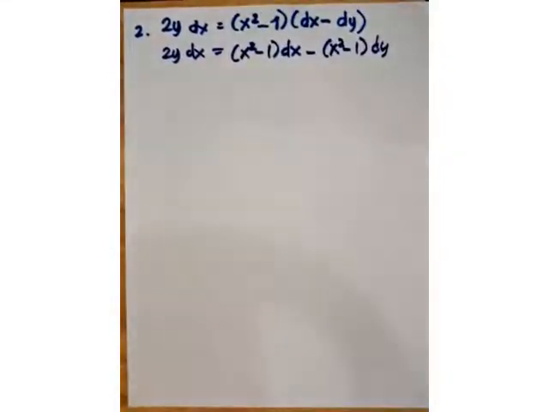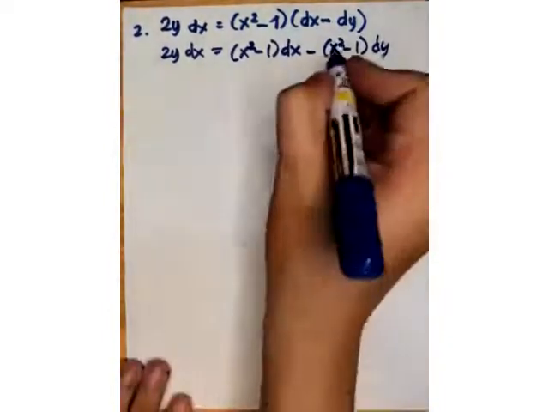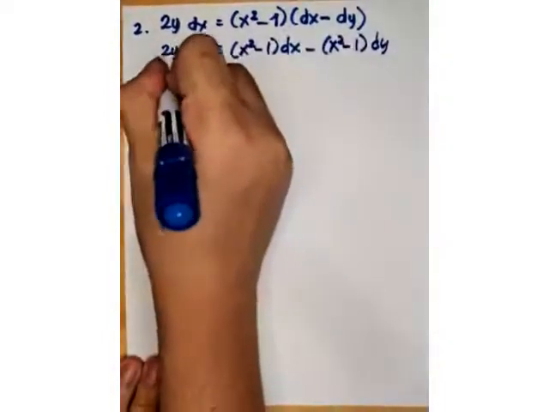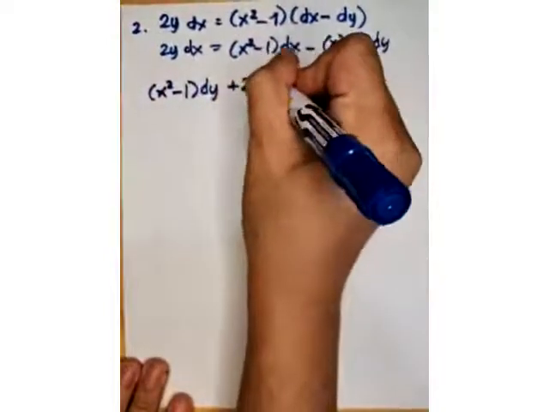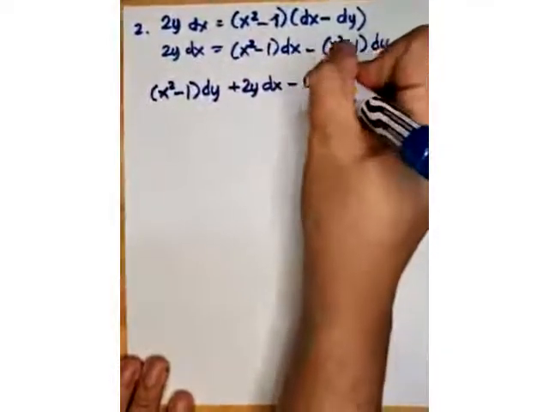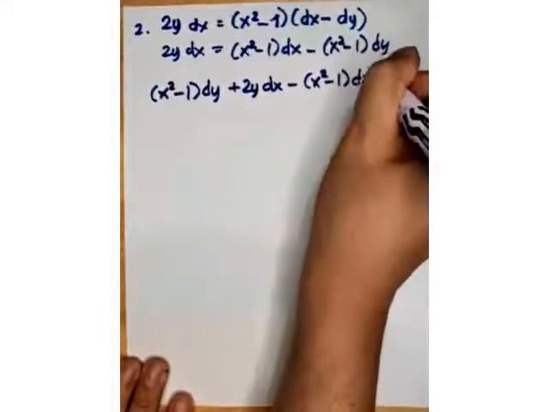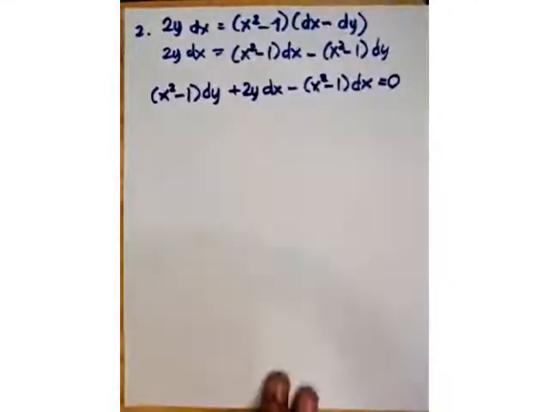And then let's transpose everything to the right, so this one becomes positive. So that's x squared minus 1 dy plus 2y dx minus x squared minus 1 dx is equal to 0.